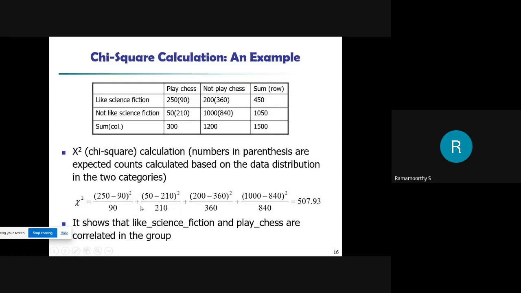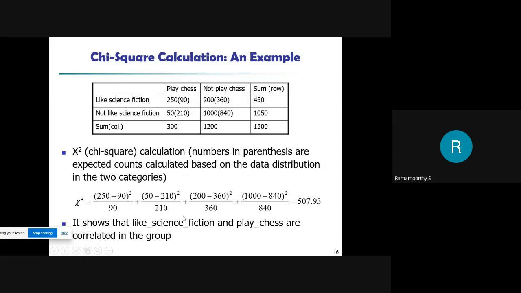Observed minus expected, the whole square, divided by expected. What is observed in the first row, first column? 250 is observed, the actual outcome, minus what is expected, 90, divided by 90, plus the summation of all the values. What is expected in the second row of the first column? Expected is 210, and observed is 50.